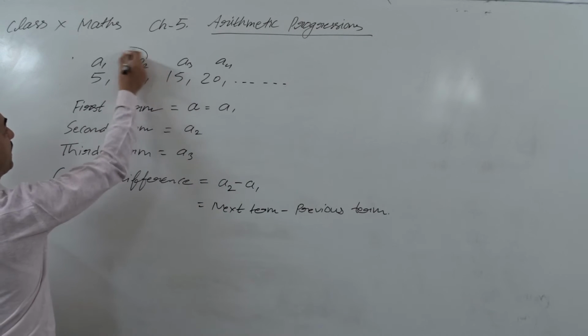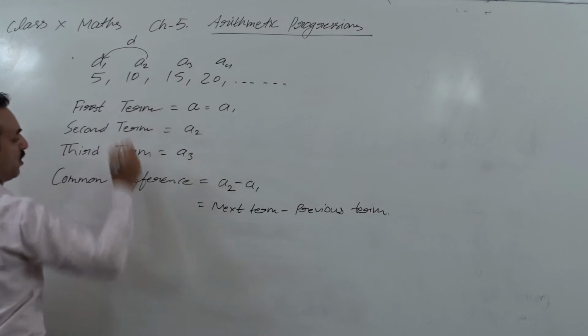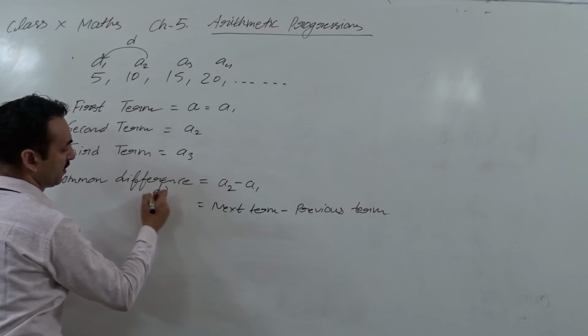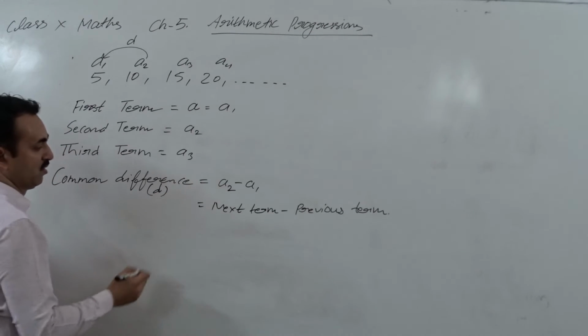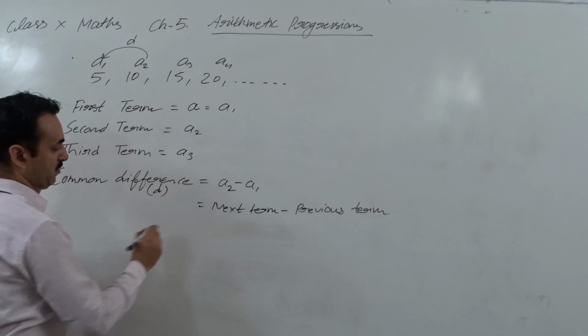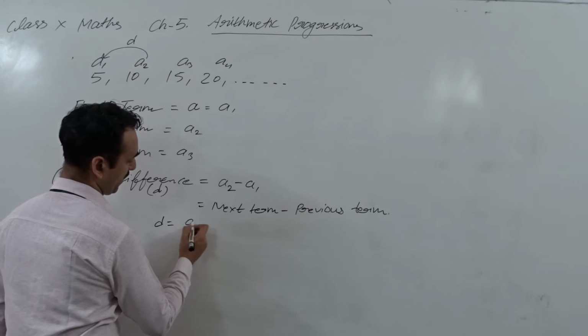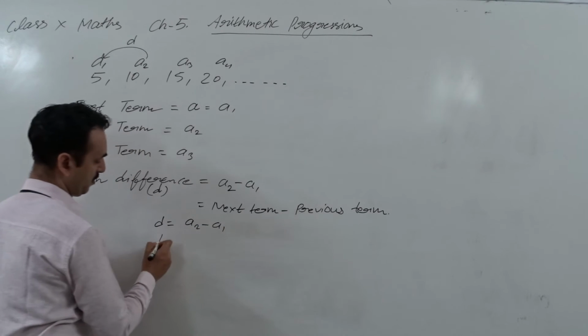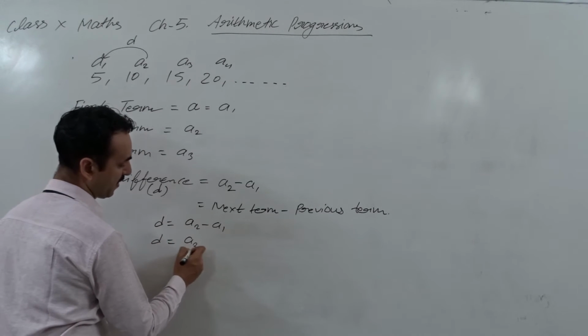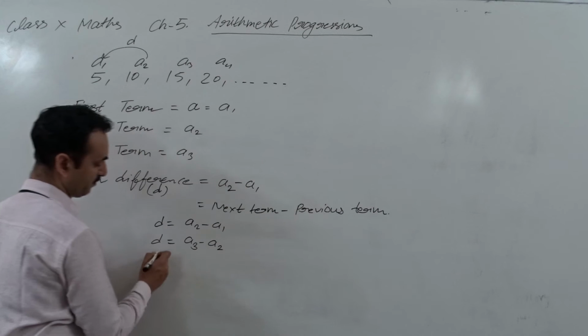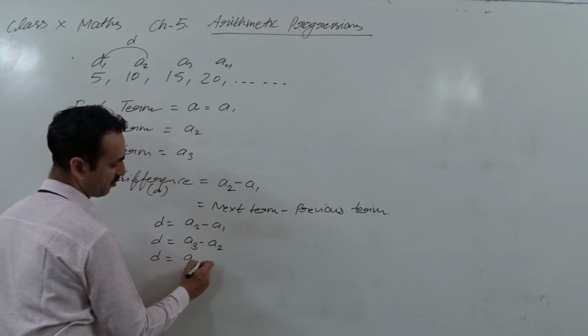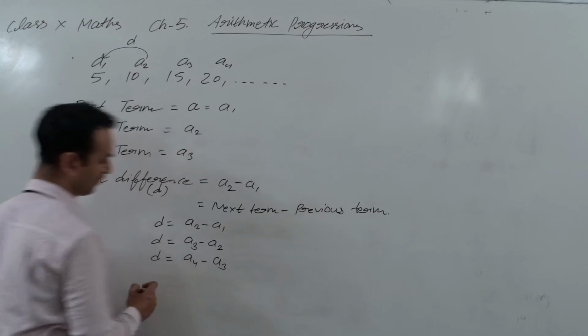The common difference is defined by small d, always small d. So d equals A2 minus A1. If you are taking A3, then A3 minus A2. If you are taking A4, then A4 minus A3.